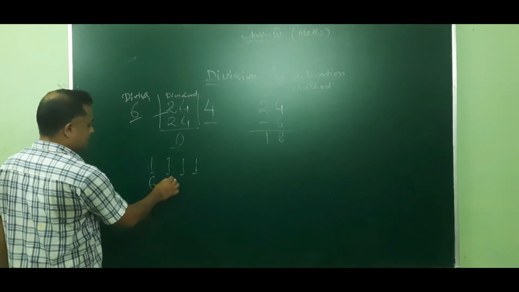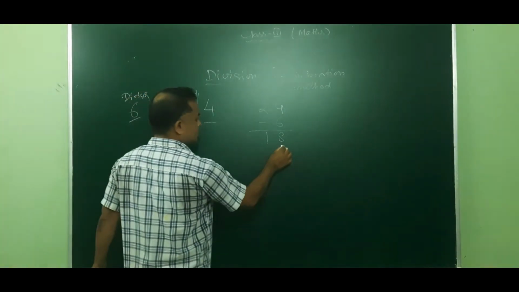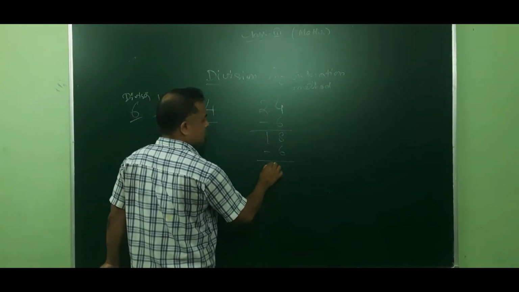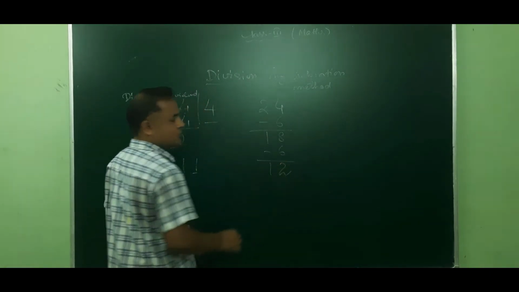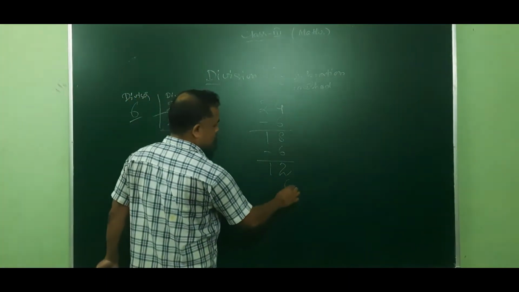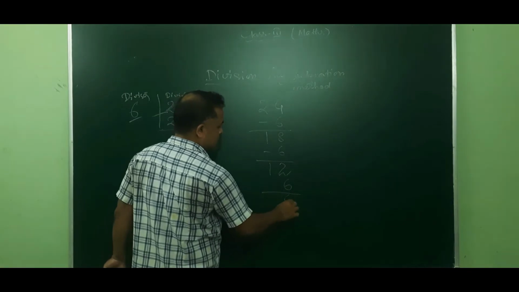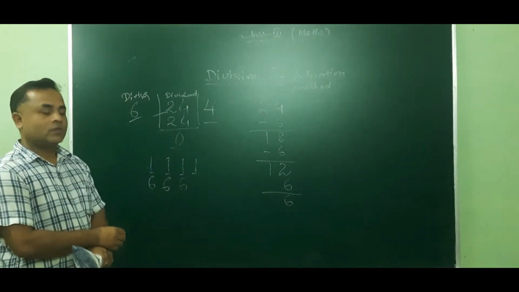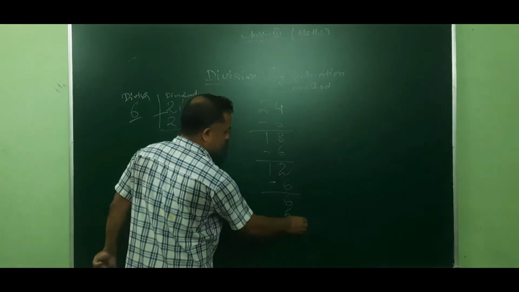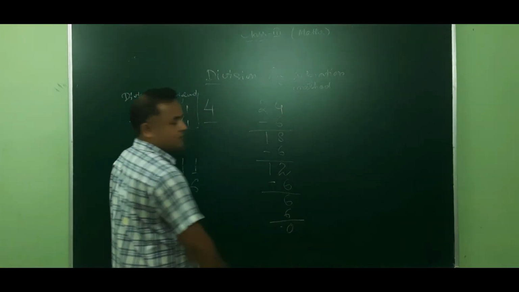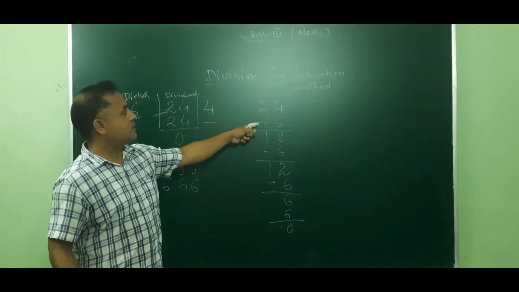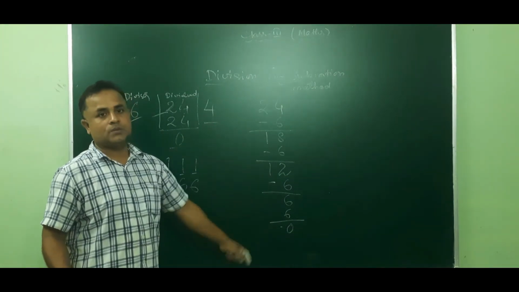To the second person, if I give out another 6, how much remains? 12. To the third person, if I give out another 6, how much remains? 6. To the fourth person, if I give out another 6, nothing remains. So this is the division by subtraction method.